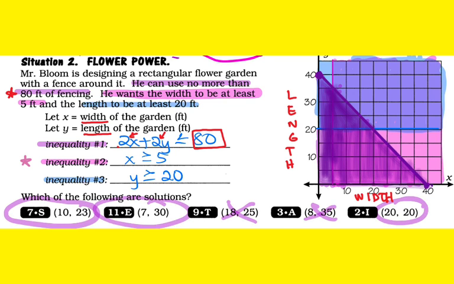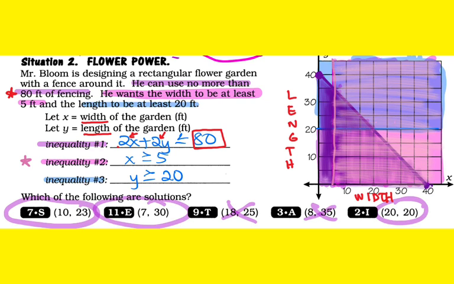So my x value can be 5, right? Or it could be more than 5, and that's fine. But as we know, it's not going to end up fitting in my space if I have it more than that. So this whole section was shaded in pink, right? Because I don't want it smaller than 5, right? Because that's just weird. How do you walk in a garden that's smaller than 5 feet?